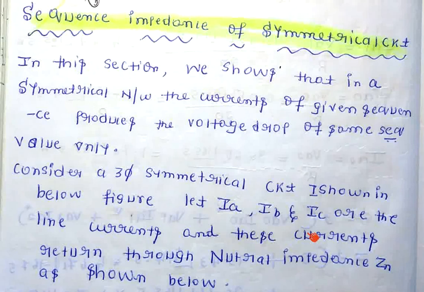Zero sequence impedance means only zero sequence components of current are flowing. So if only IA0 is flowing, it is a zero sequence impedance. If IA1 is flowing, it is a positive sequence impedance. And if only IA2 flows, it is a negative sequence impedance.